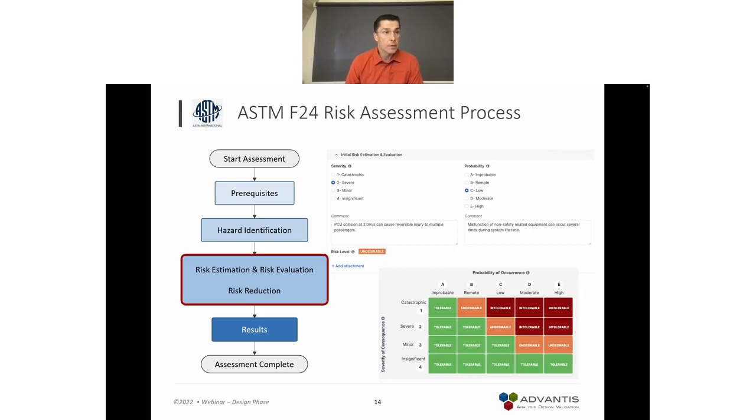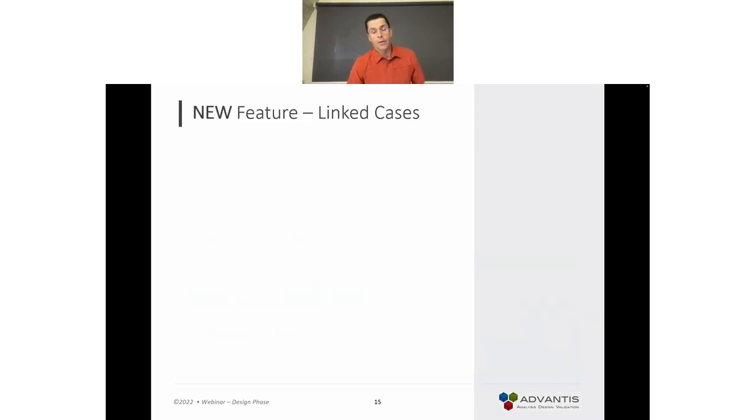So now let's talk about the new feature that we've added. It's called linked case. Basically, we have a risk reduction requirement established by one company, but that company will say, I cannot do the solution for this requirement because it is not in my scope.